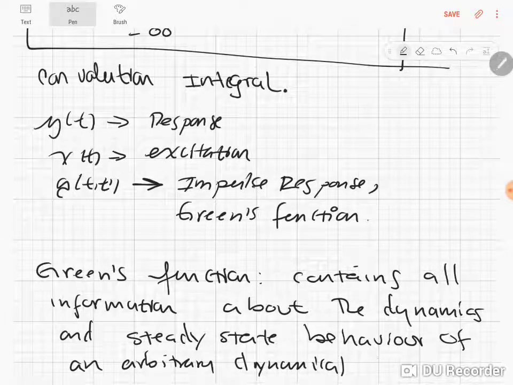Okay, this is how we should understand the Green's function in terms of system dynamics.